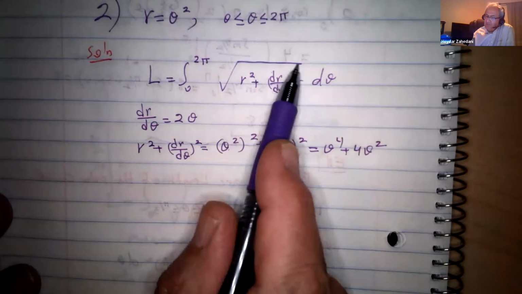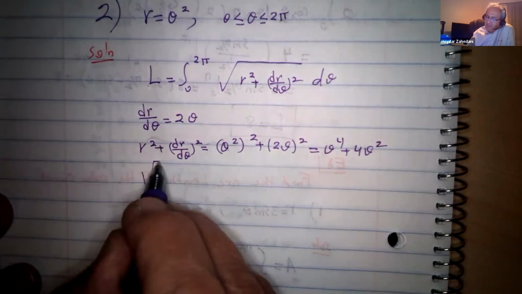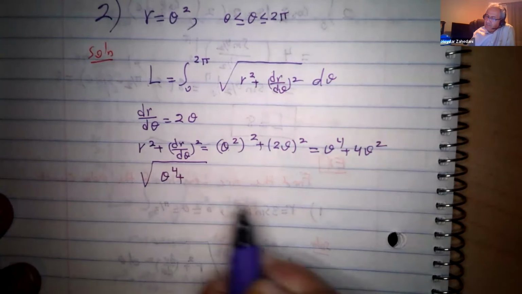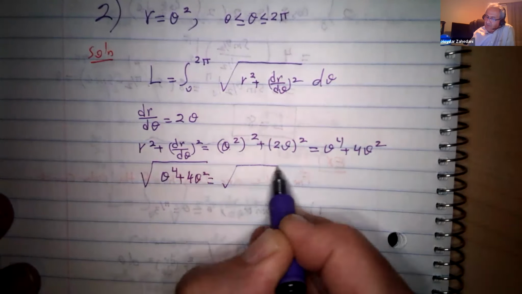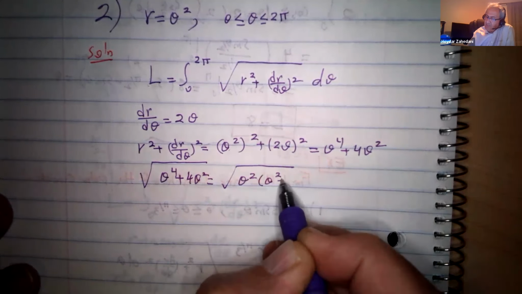Remember, you want to take the square root here. So you better take the square root. The square root of theta to the 4 plus 4 theta squared. We can factor out the theta squared, so that it's theta squared times theta squared plus 4.